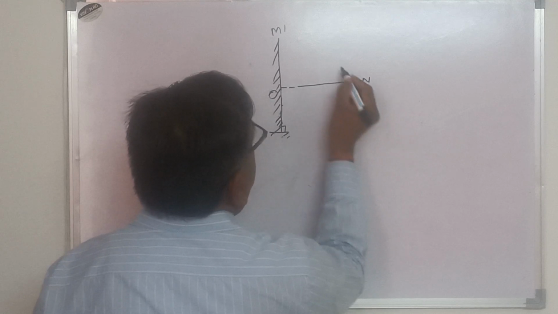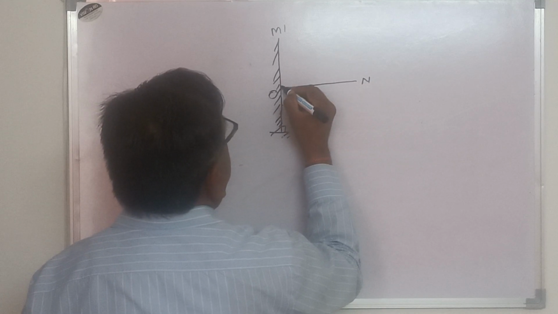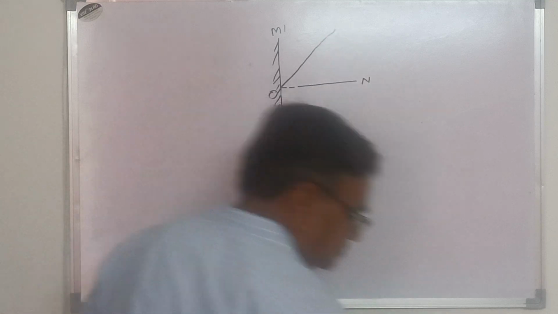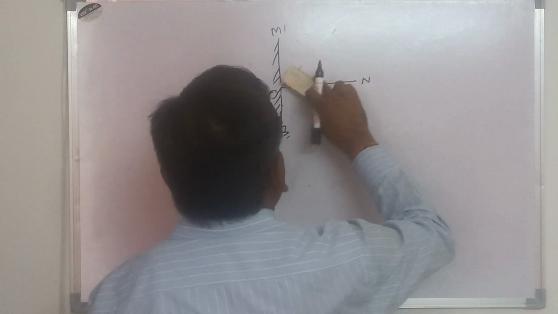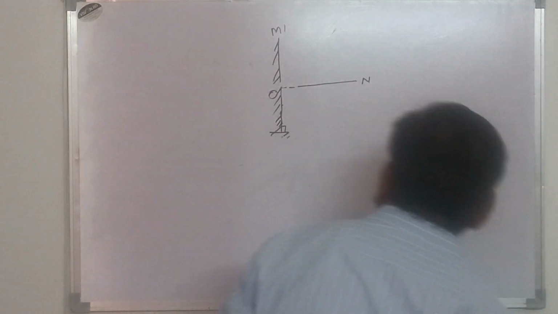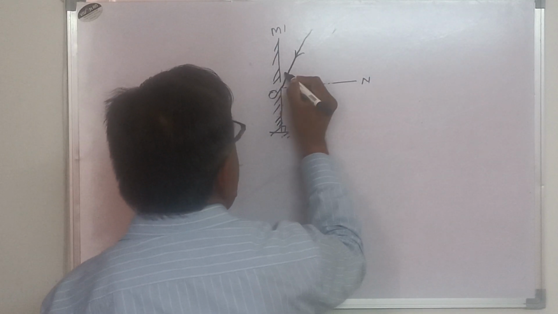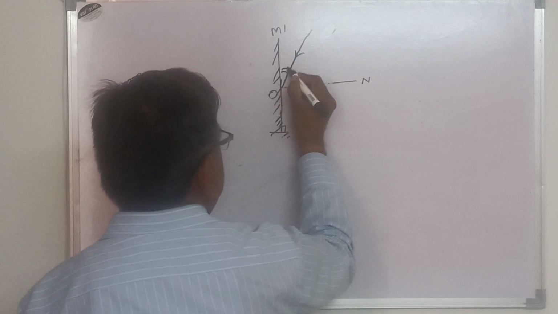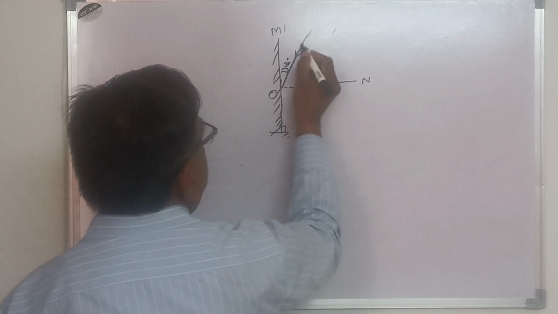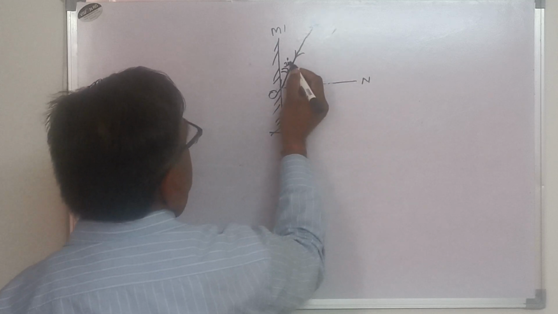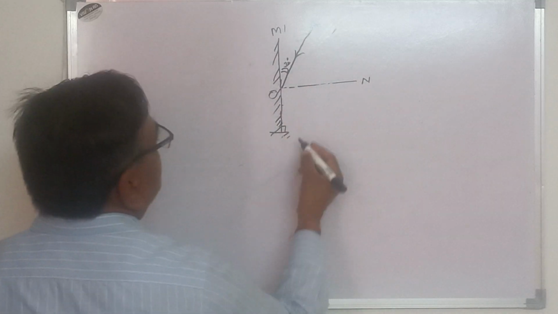This is the normal. He says this angle, it became bigger, so the other should also be equal. This is the ray. Say this angle is 30. The angle between the incident ray and mirror is 30. So what is I?